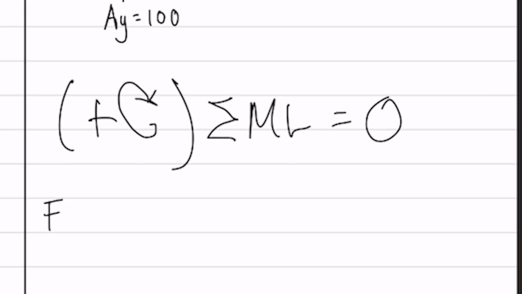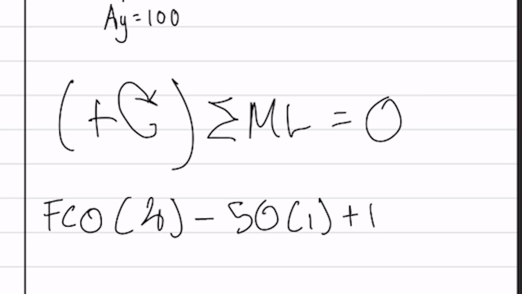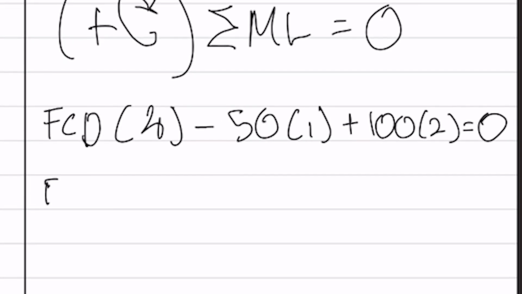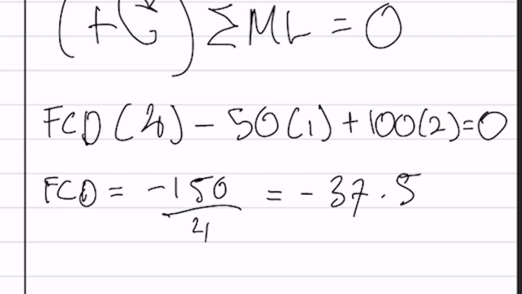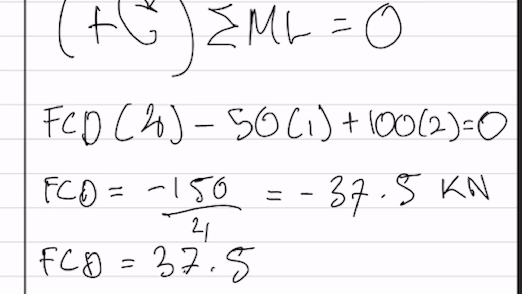FCD times 4 minus 50 times 1 plus 100 times 2 equal to 0. FCD equal to negative 150 divided by 4, we will get negative 37.5 kilonewton, which means FCD is in compression.